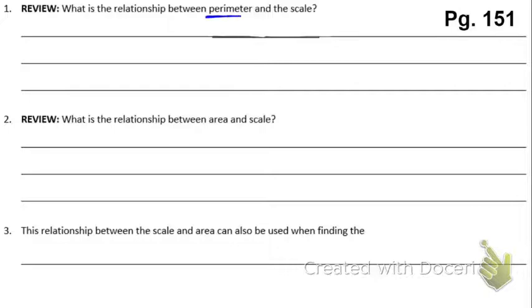Start off with just remind me, what is perimeter? Add up all the sides. It's the distance around the outside of an object, right? Perimeter is distance around the outside.